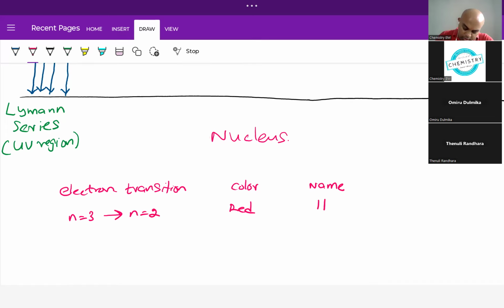The line name is H alpha. n equals 4 to n equals 2. The color is blue green. The name is H beta.